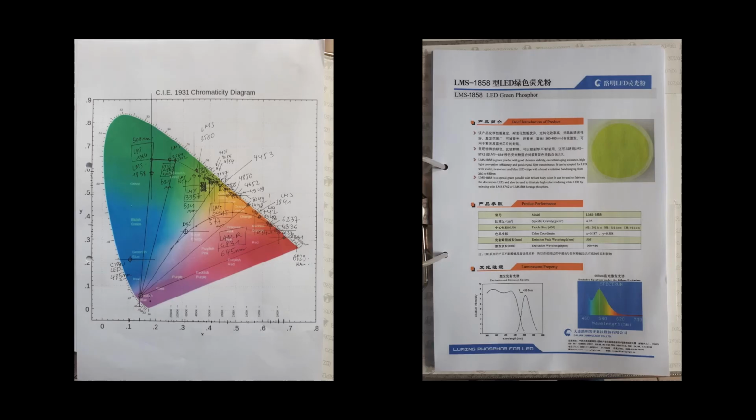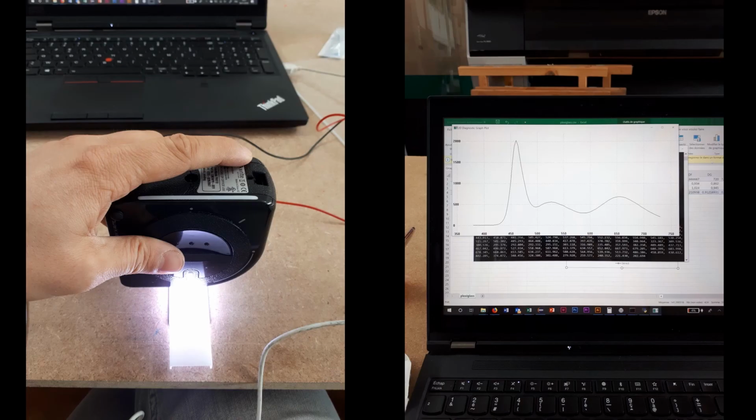I won't explain this to you, but you see that the products are coming from China. It's a whole constellation of things that converge in my studio. Science and chemistry. I measure the light produced by my custom LEDs with some scientific instruments.